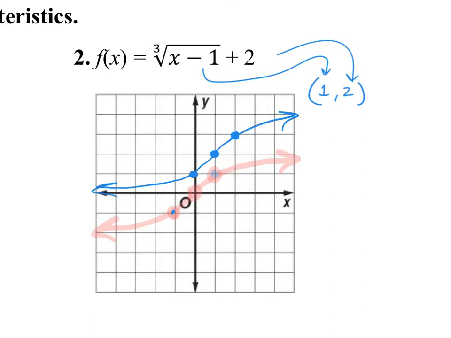So it's the exact same shaped function, except all of it has been shifted right 1 and up 2 based upon our h and k values. You're also free to type these in on the calculator. To get the cube root on your calculator, you can hit math, and then option 4 within math is your cube root.